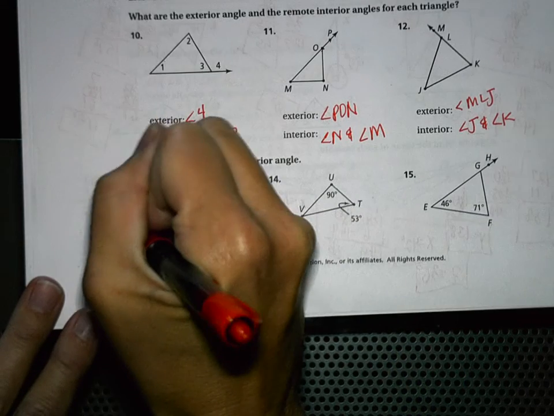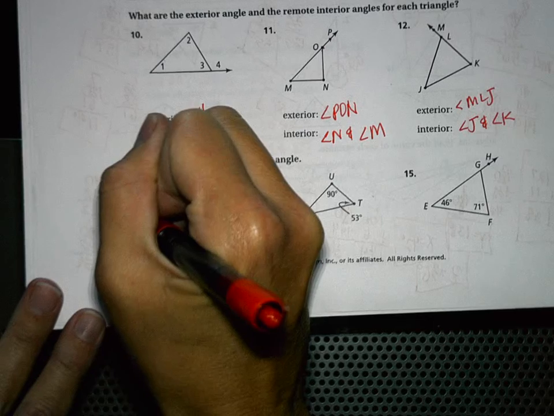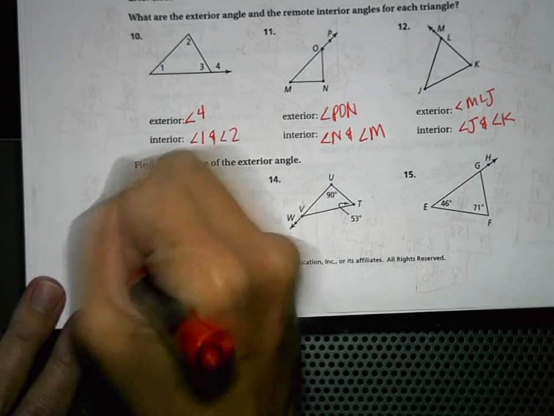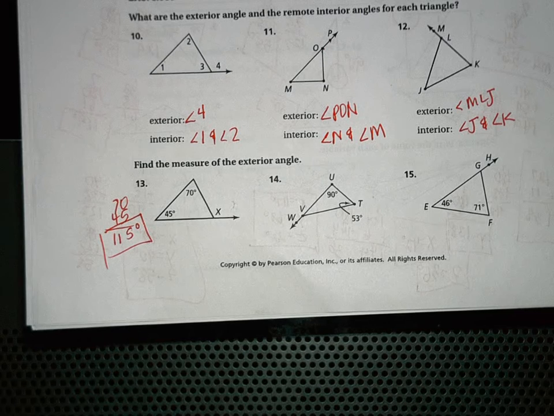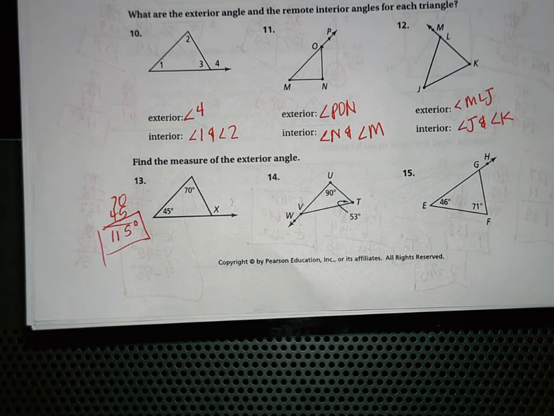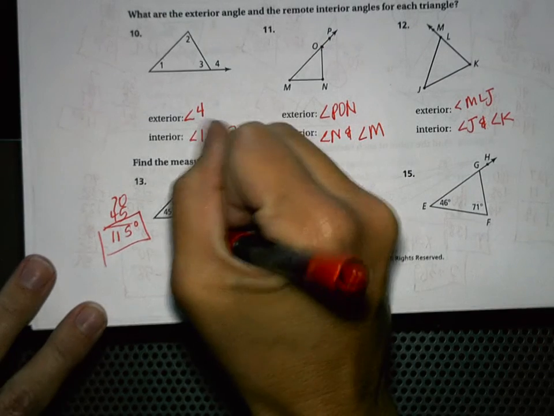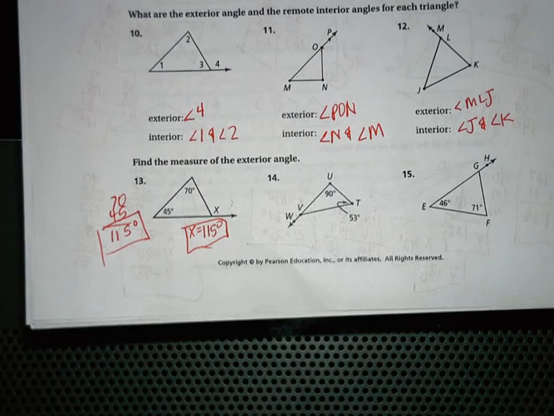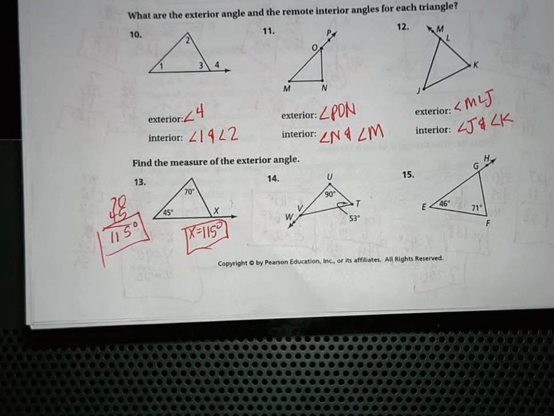So that's a 5, and then 7, 8, 9, 10, 11. 115. Do we agree? Yeah. So if these two add to be 115, how much is x? 115. Good. If we wanted to double check ourselves, we could find what that is and then subtract from 180, but then that takes a lot more time, right?